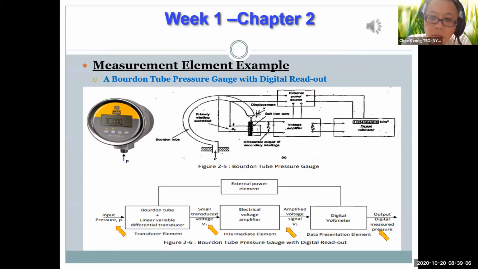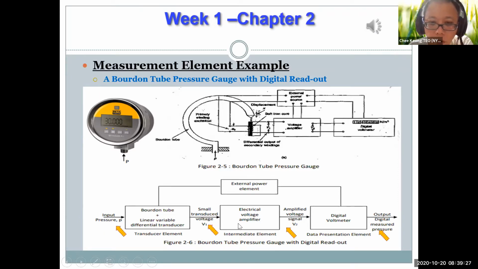So this one, need not worry, it's just to show you how an instrumentation instrument called the Bourdon tube pressure gauge works. It basically reads inputs and then converts them into voltages. So this is a transducer element, changing the form from pressure to voltage.